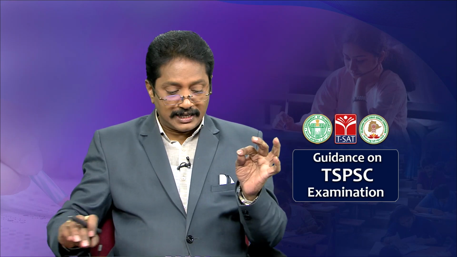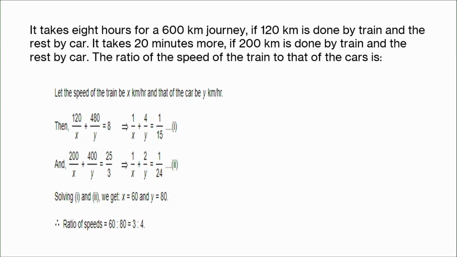Finally, see one question given: it takes 8 hours for a 600 kilometers journey, 120 kilometers done by train and the rest by car. It takes 20 minutes more if 200 kilometers are done by train and the rest by car. The ratio of the speed of the train to the car is what? Because we don't know the speeds, say the speed of the train is x and the speed of the car is y.